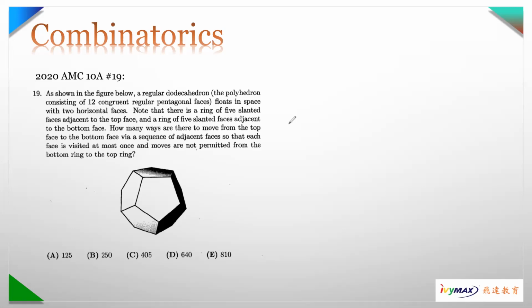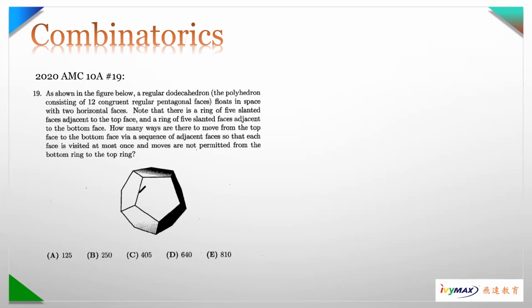And so we want to start from the top pentagon and go through, they told you they have two types of ring. So say there's a ring of 5 slanted faces adjacent to the top surface. So we consider this ring.